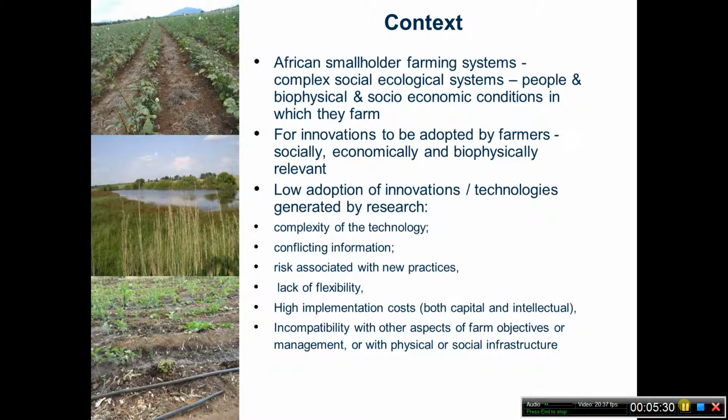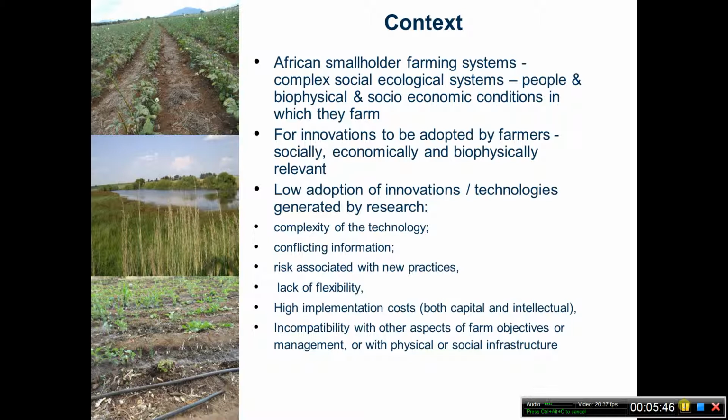Sometimes the technologies are not flexible enough to fit within the particular farming situation. Certain things have to be done at specific times, and farmers are just not able to do that. And there can be high implementation costs of technologies, both in terms of capital.